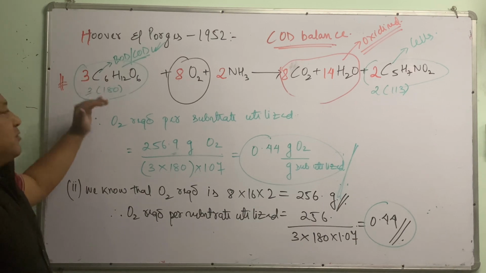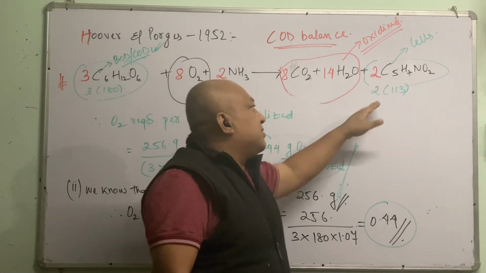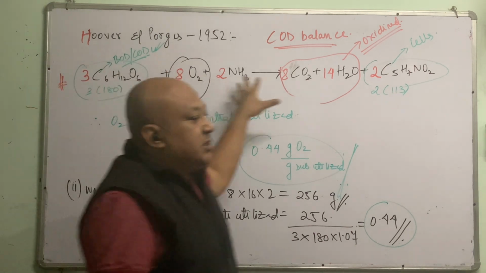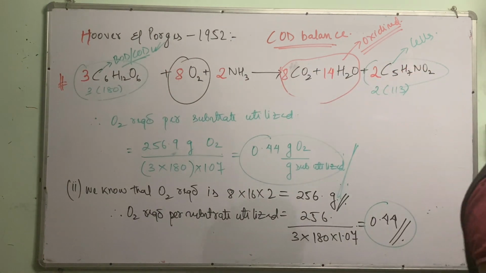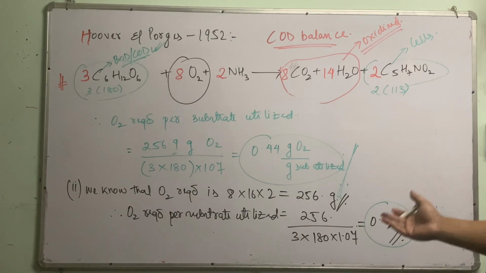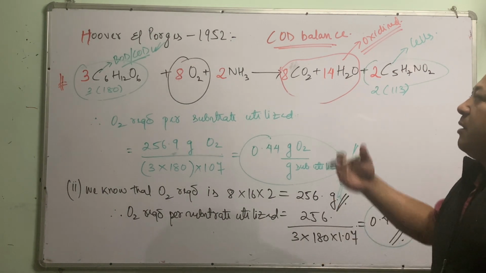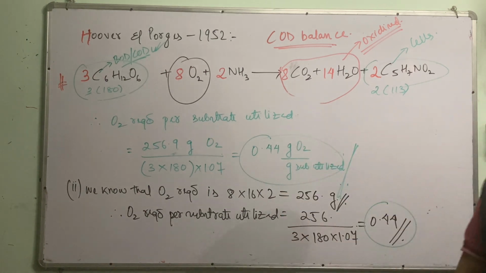We converted this in terms of COD, we converted that in terms of COD, and they come out equal. That means this equation by Hoover and Porges is correct in terms of COD balance. This is the basic fundamental. From here we also estimate the yield of sludge per gram of COD consumed.